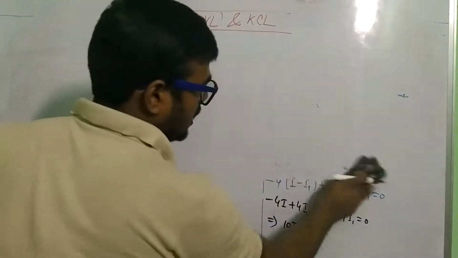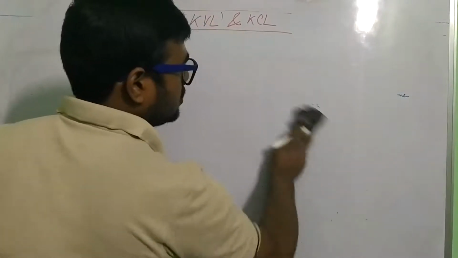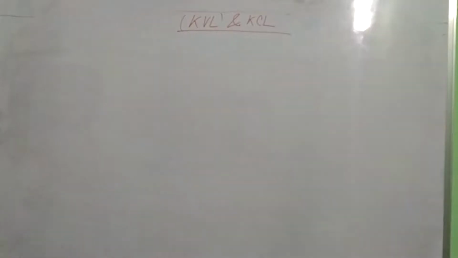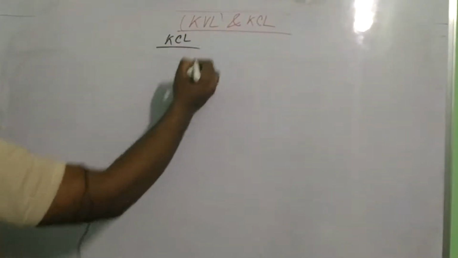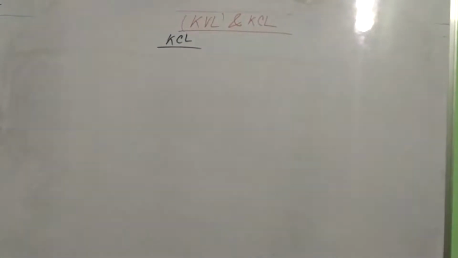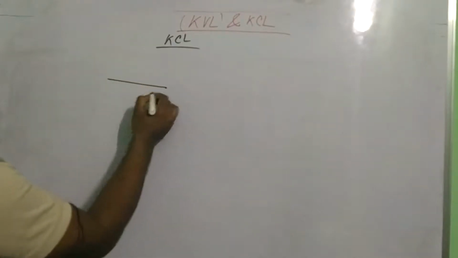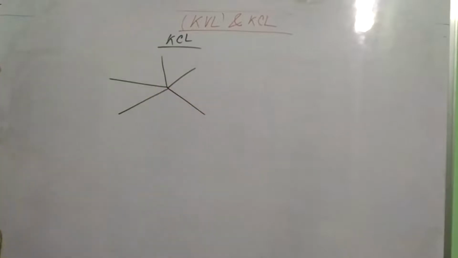Now I am starting KCL. So what is KCL? KCL's full form is Kirchhoff's current law. What does it state? It states that at one point the summation of incoming current equals the summation of outgoing current.